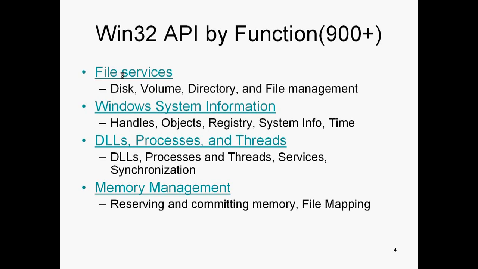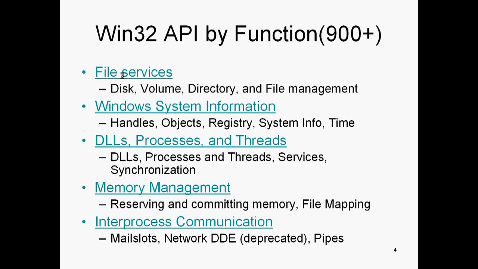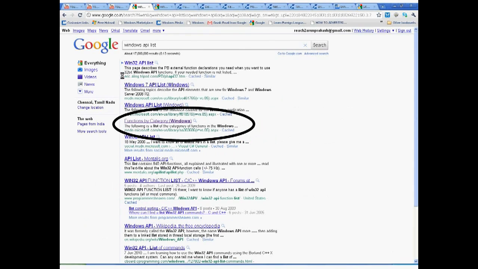How you are able to automate, how you manage processes, threads, services, inter-process communications, all of it you can do through APIs. For everything they have an API. If you go to Google and search for the API, you'll find a lot of things. Even for Windows, you'll have the whole list of APIs.